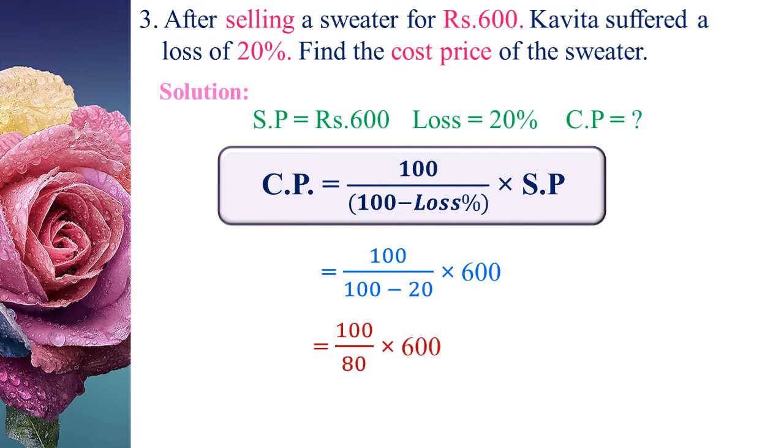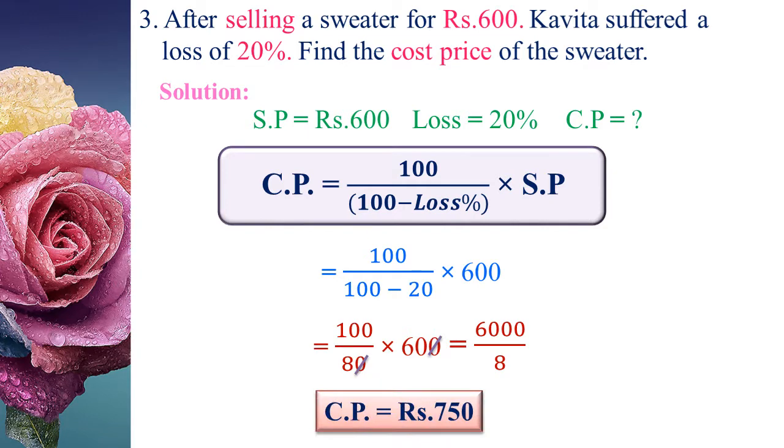So, 100 by 100 minus 20, we get 80, into 600. Here 0 and 0 get cancelled out. 100 into 60, we will get 6000 by 8. On simplifying this, we get the cost price is rupees 750.